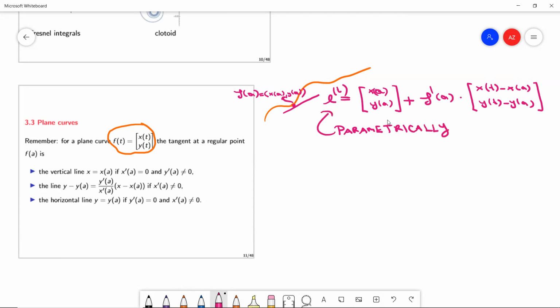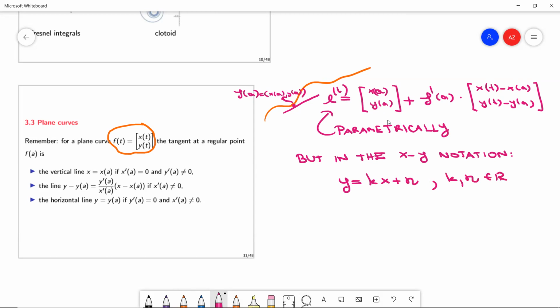But if we would like to express it in the usual xy notation, we would like to express it in this form: y is kx plus n for appropriate k and n.